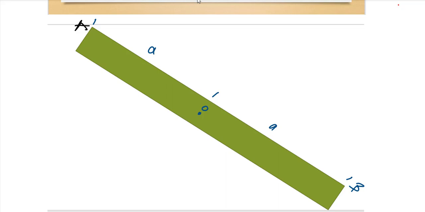Now we have a certain point P, which is 3/4 a away from A, so the distance AP is 3/4 a, and the distance from P to O will simply be a minus 3/4 a, which is a on 4. So that's what we have.